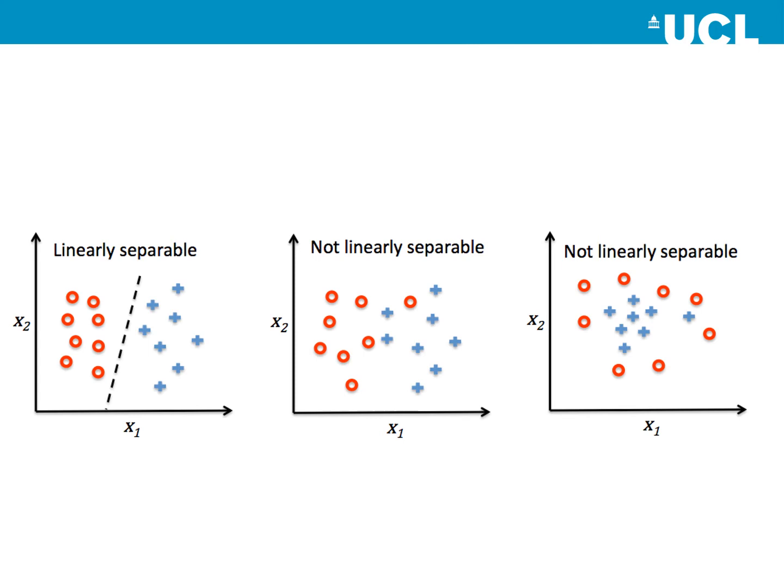In this slide, you can see on the left-hand side a linear separable problem. One neuron with 2 input features can be adapted in a way that it can be resembled by a hyperplane in your feature space, and there will be a hyperplane or a set of weights which perfectly separates your red circles from the blue crosses.